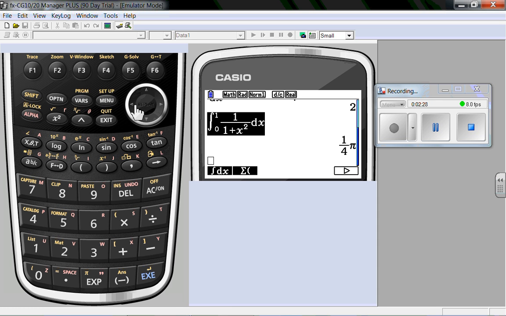Again, if I want to change that, I'll change my limits of integration here. Let me delete that. Let's make it a fraction. How about 1/2? Well, I can do this. Put in the 1/2. You notice a couple things happen there. I expanded my integral symbol. This also happens if I use parentheses.